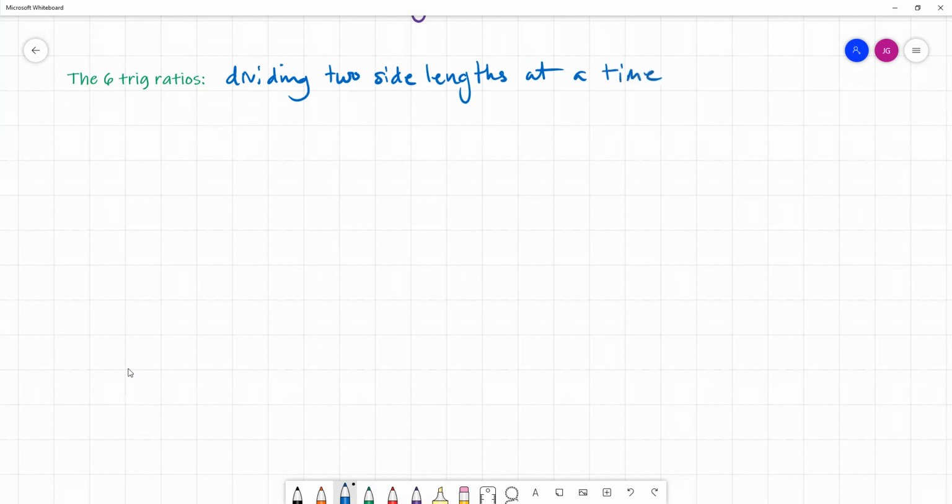My handwriting is not looking well today. There we go. Dividing 2 side lengths at a time, right? And 2 side lengths of a triangle right here. So dividing 2 side lengths of a triangle at a time.